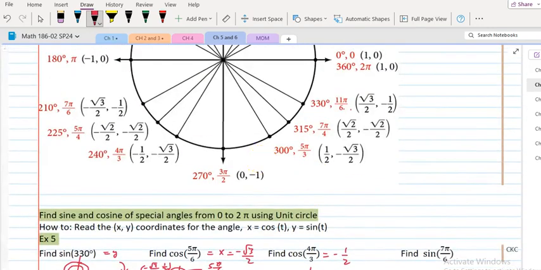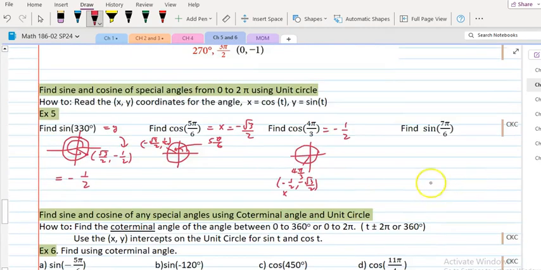7 pi over 6. Where's 7 pi over 6? It's right here, at negative root 3 over 2, negative 1/2.